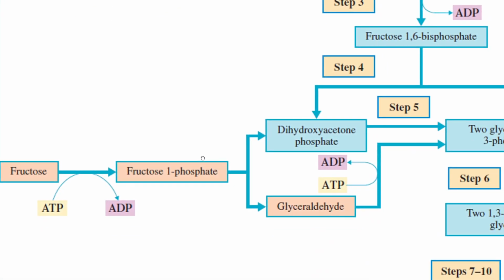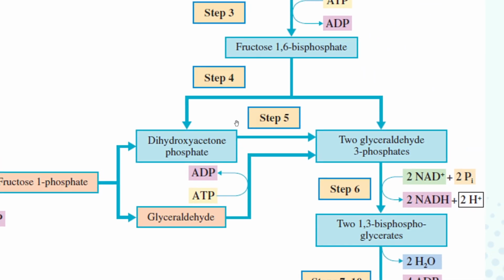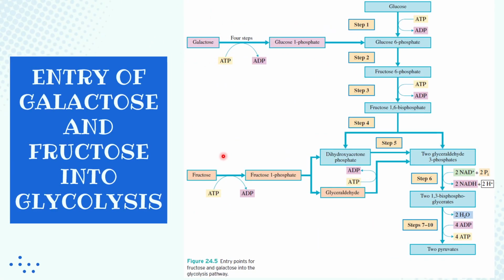As to your fructose, kids, dito siya sa second stage nyo sa glycolysis mag-enter. So, fructose will be converted to your fructose 1-phosphate, and there are two things that can happen to your fructose participation. Pwede siya ma-convert to become your dihydroxyacetone phosphate, or pwede siya i-convert further to glyceraldehyde until magiging na siyang si glyceraldehyde 3-phosphate. So, yun yung participation ni galactose and fructose nyo.